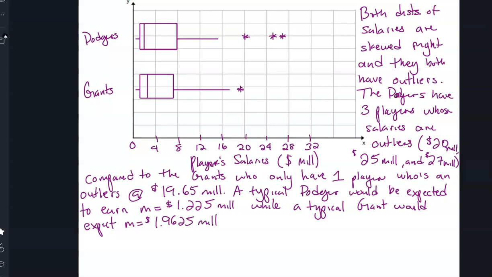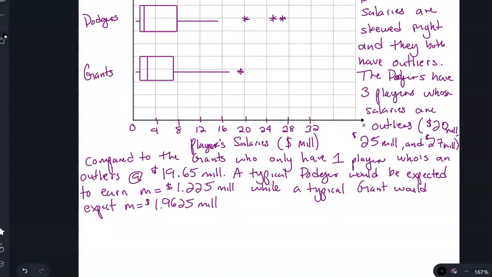So a little bit higher for the Giants, but if you're thinking in terms of player salaries, it's not that much higher. They're pretty similar. Since we're using our median, we should use our IQR as our measure of spread.